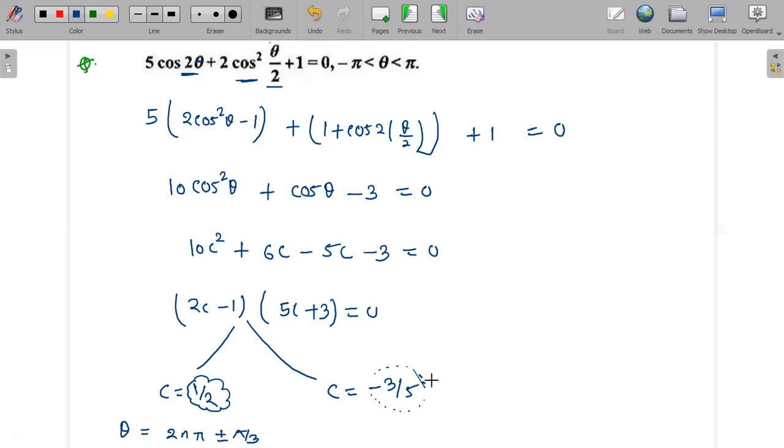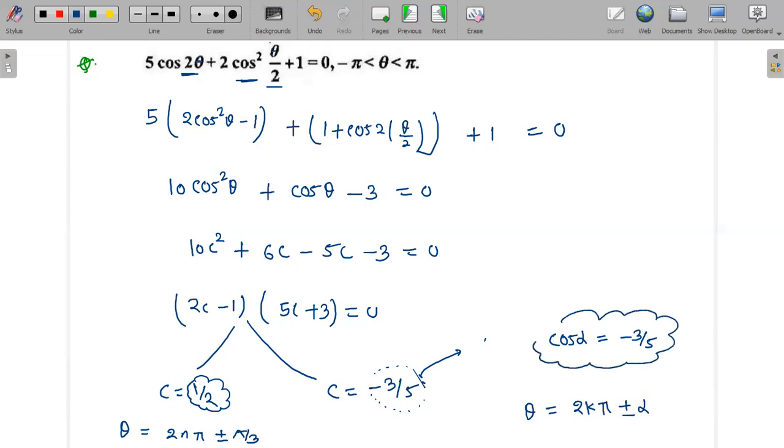If you get stuck at such a problem, you need to mention on the side that there will definitely be an angle alpha in the principal value branch where cosine alpha gives you negative 3 by 5, and you may generalize your solution there. Theta will be equal to 2k pi plus or minus alpha, where cosine alpha equals negative 3 by 5. I'm sure you get how to write down the general solution for sine as well as cosine angles. Thank you very much.